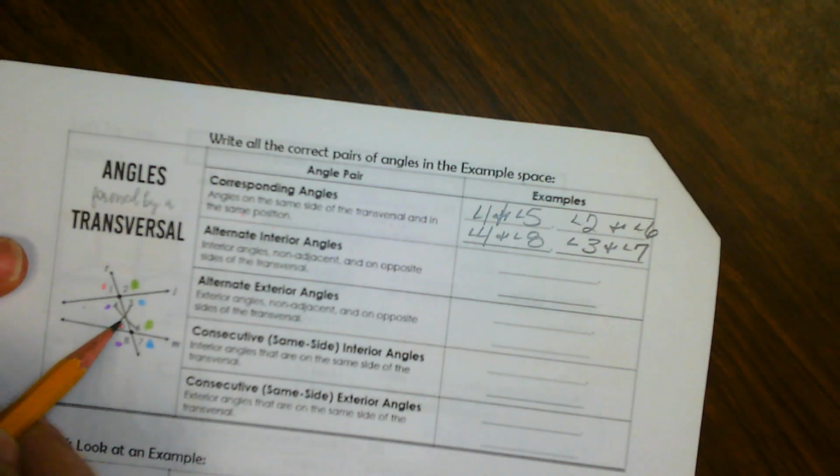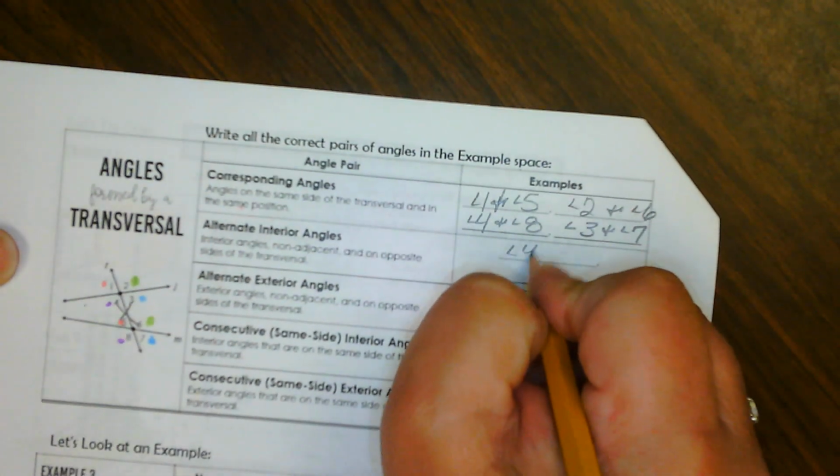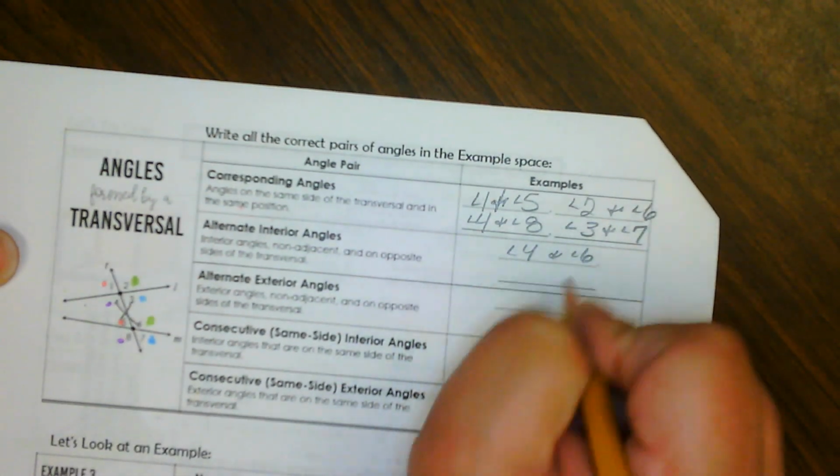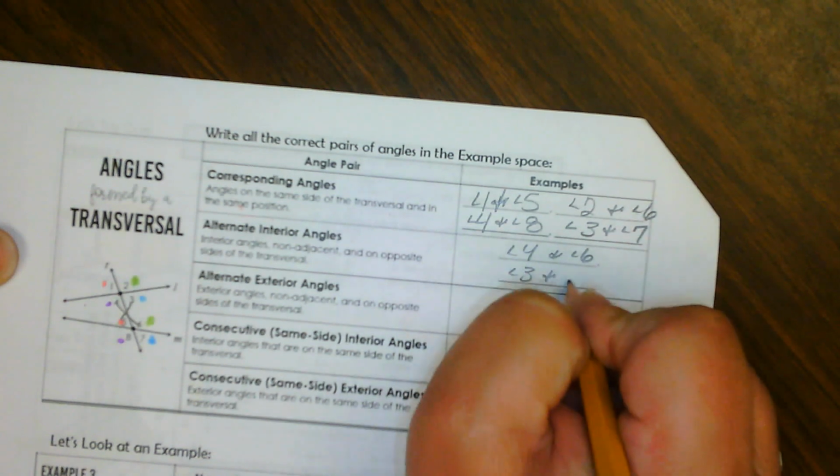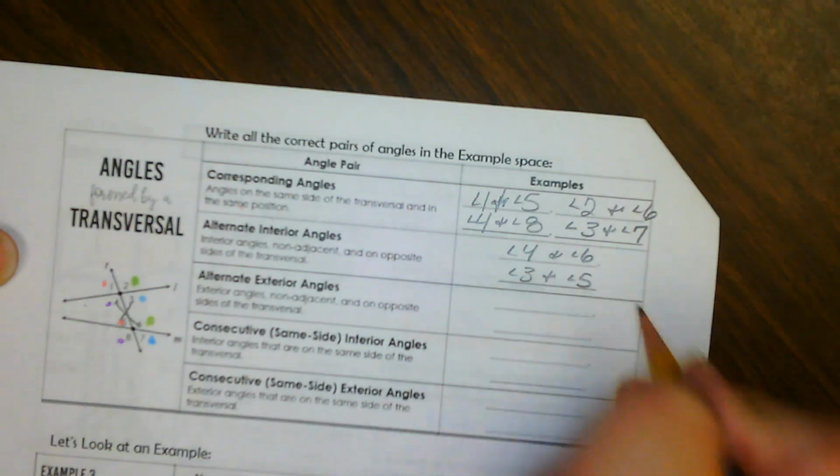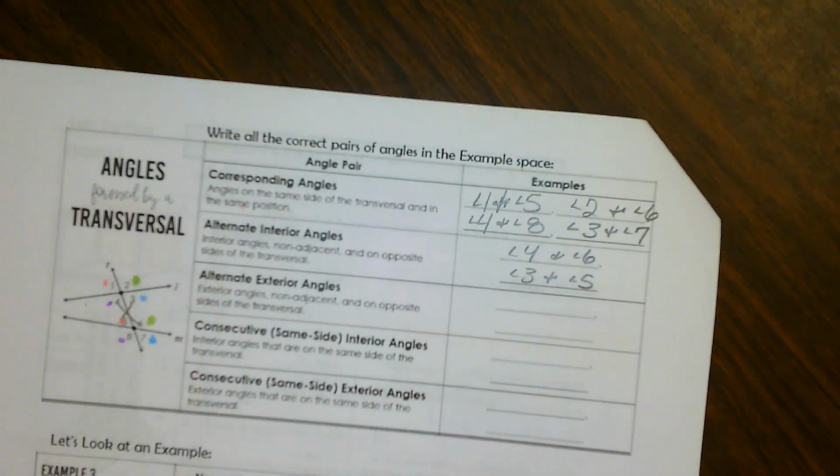So angle 4 and angle 6, and angle 3 and angle 5. Those are all on opposite sides of the transversal and inside the lines.